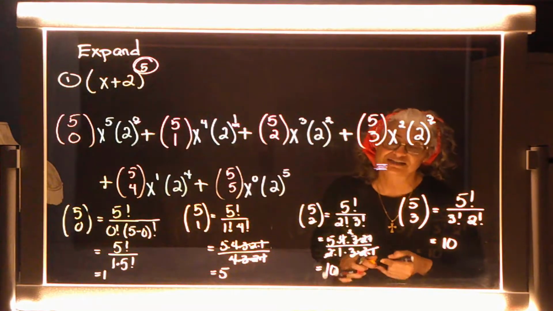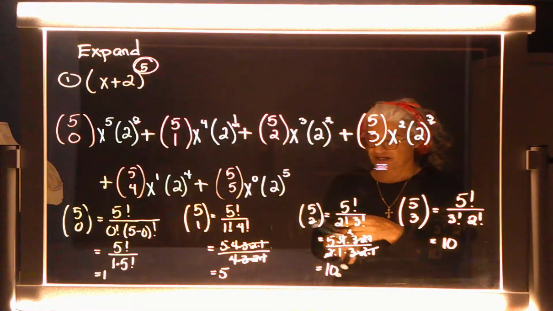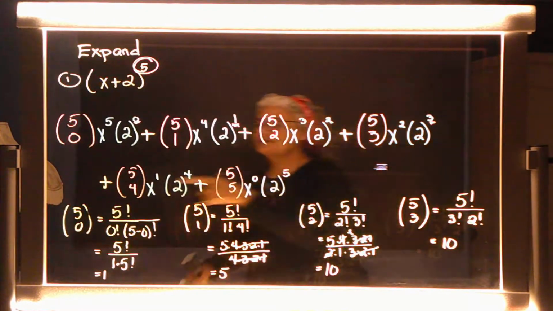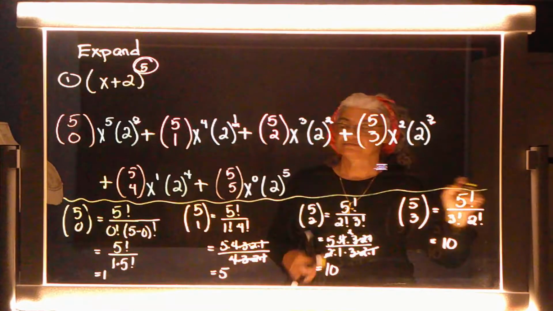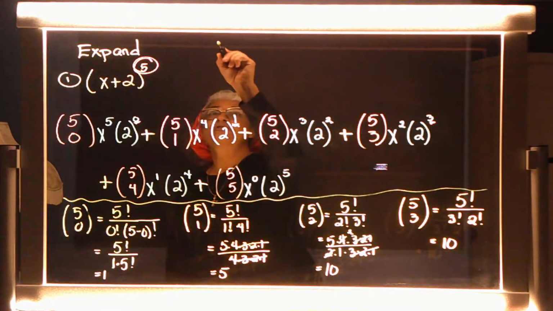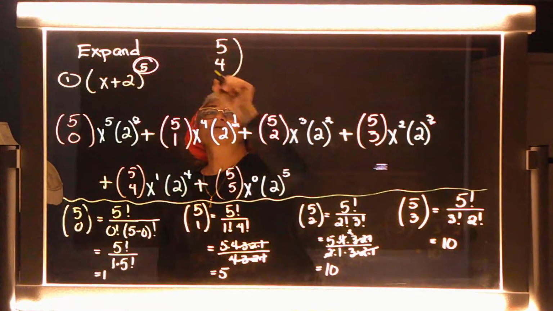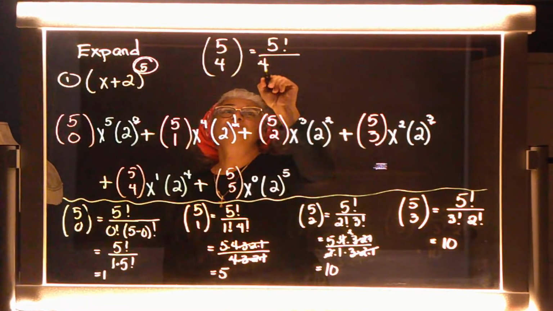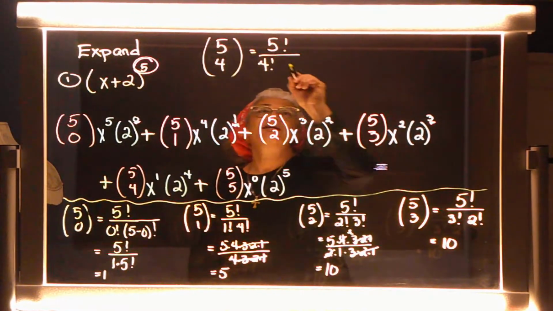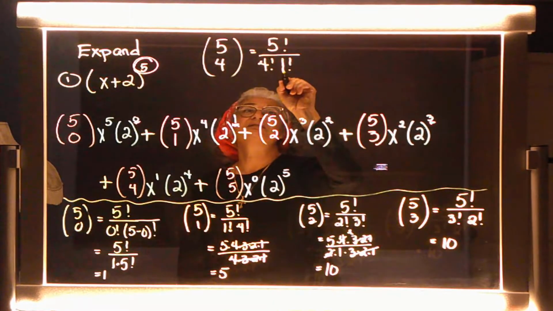Yep, we do just get 10. We still have to figure out 5 choose 4, don't we? I got some board space up here. So that's 5 factorial over 4 factorial times 1 factorial, right?